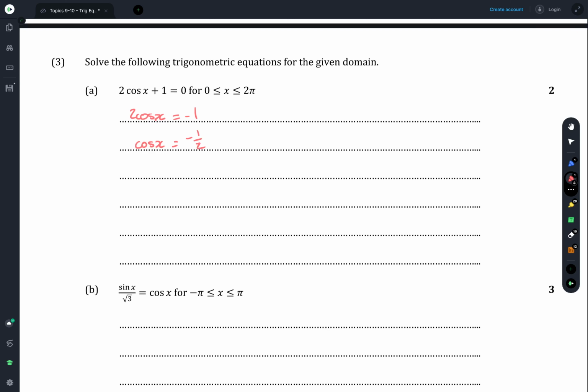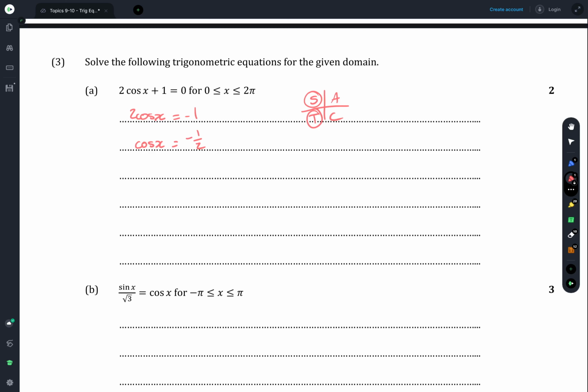So now that we have cos x by itself, we can go to the next step in thinking, well, what quadrants are our solutions going to be in? So thinking about our ASTC, we're looking where cos is negative, meaning that we're looking at the second and the third quadrants. Because remember, A is saying that they're all positive, and the fourth quadrant is where cos is positive.